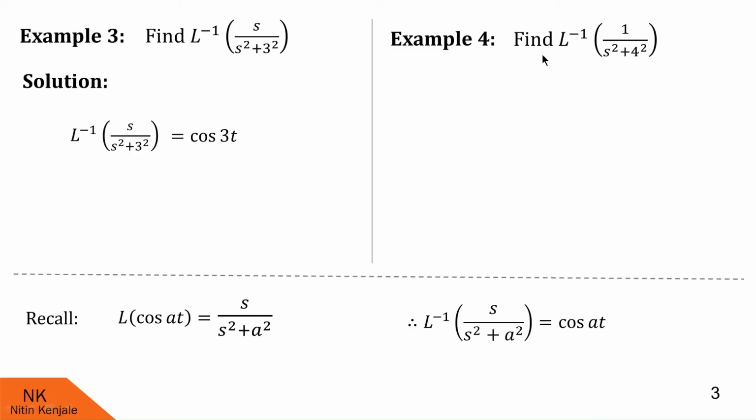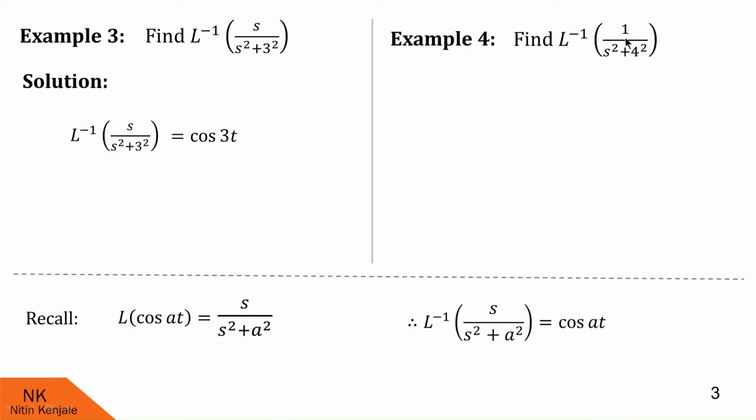Here we have to find L inverse of 1 upon s square plus 4 square. If you compare this function with this one, you will see that s is missing over here. If there was s, we would have written L inverse of s upon s square plus 4 square as cos 4t. But since s is not there, what will you do?